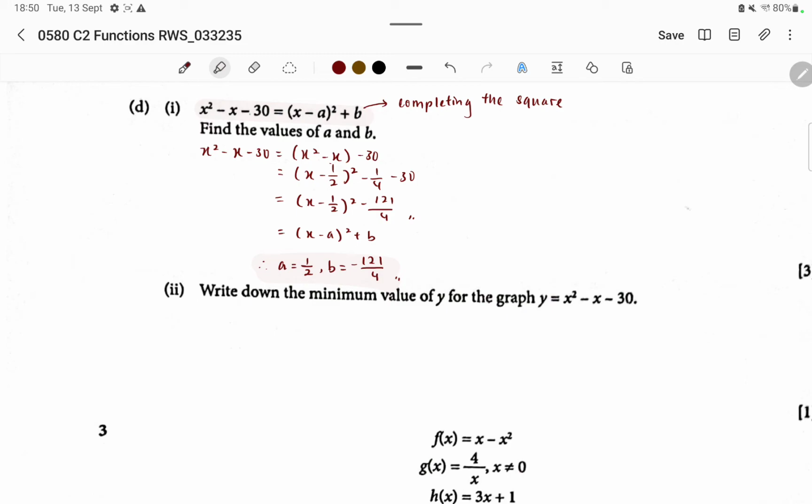Okay. Write down the minimum value of y for this graph. So the minimum value, actually what they want is the minimum point lah, of the graph. So this one is actually just straight away a and b lor.